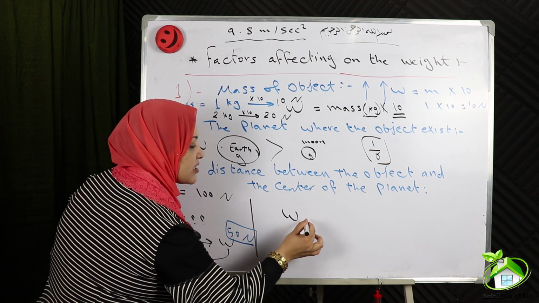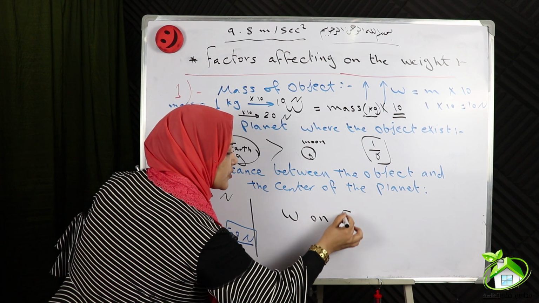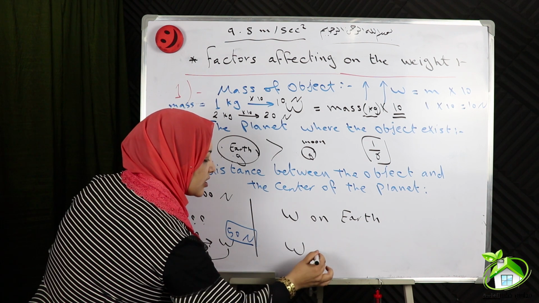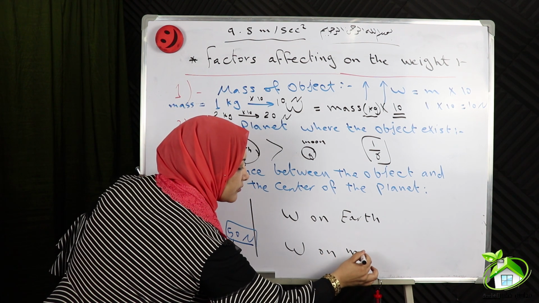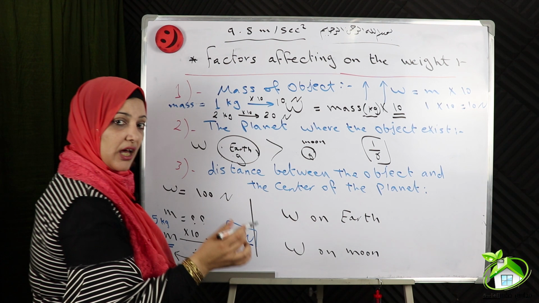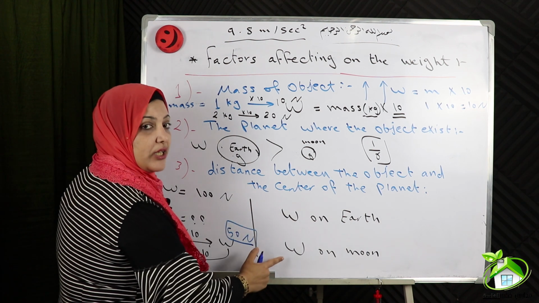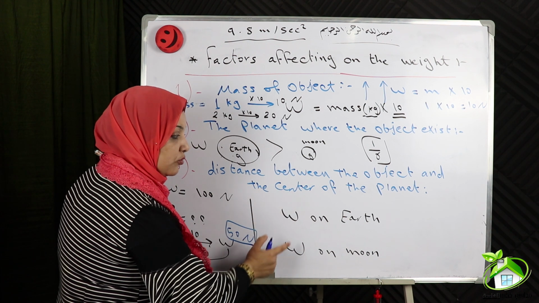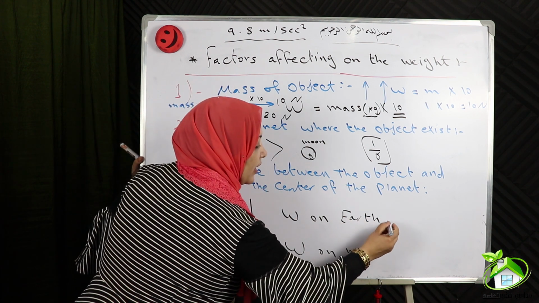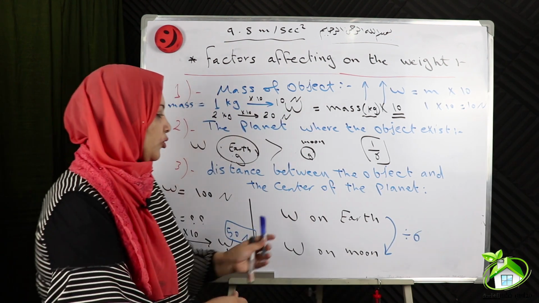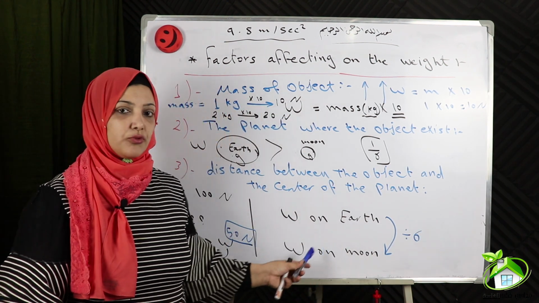If we have weight on earth and we need weight on moon, هعمل ايه؟ هعمل divide 6.